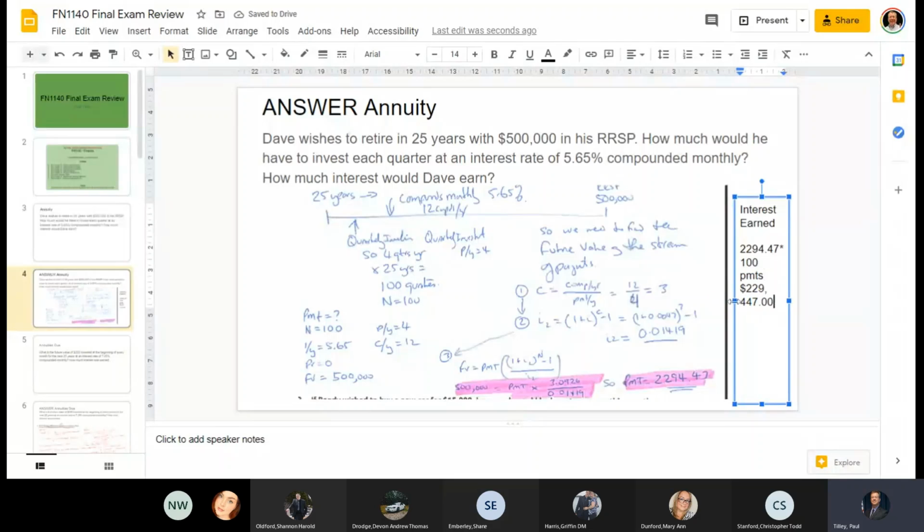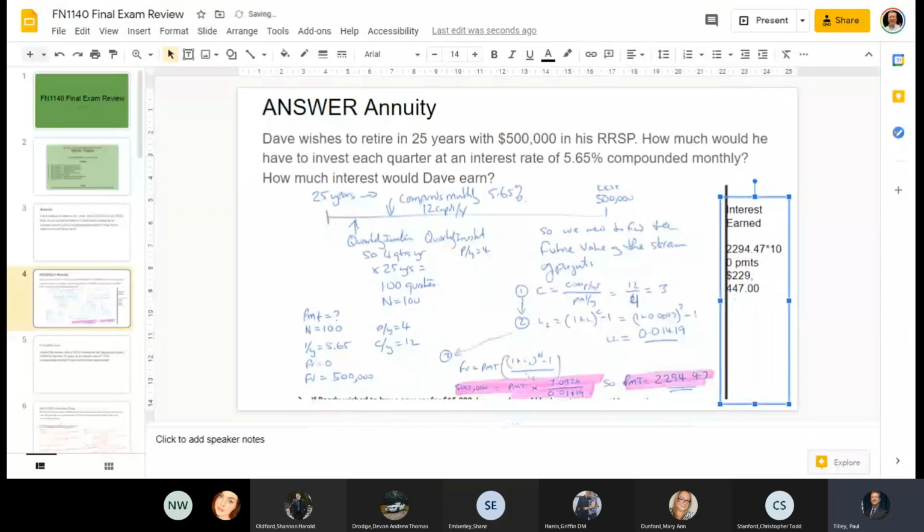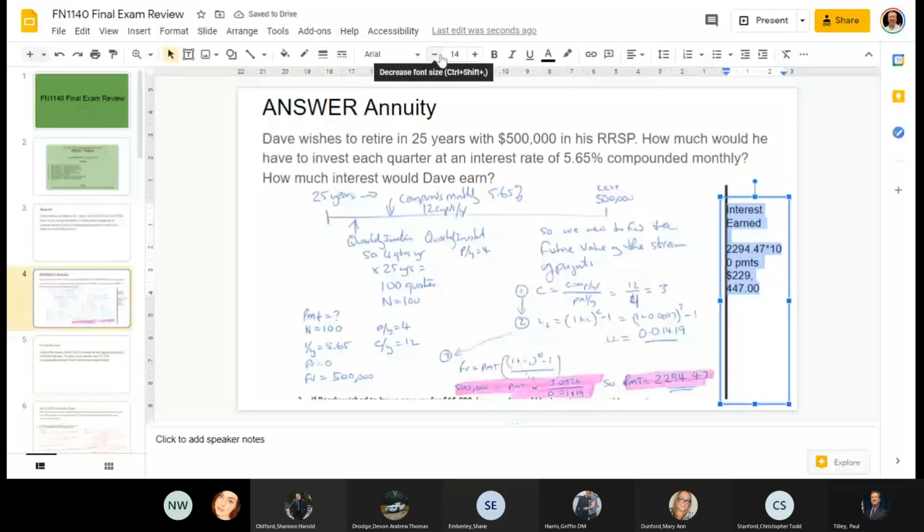Okay. Let me just shrink this down a bit. So the interest earned, this is the total payment. Okay, the total payment we calculate it to be that. We know at the end there's 500,000.